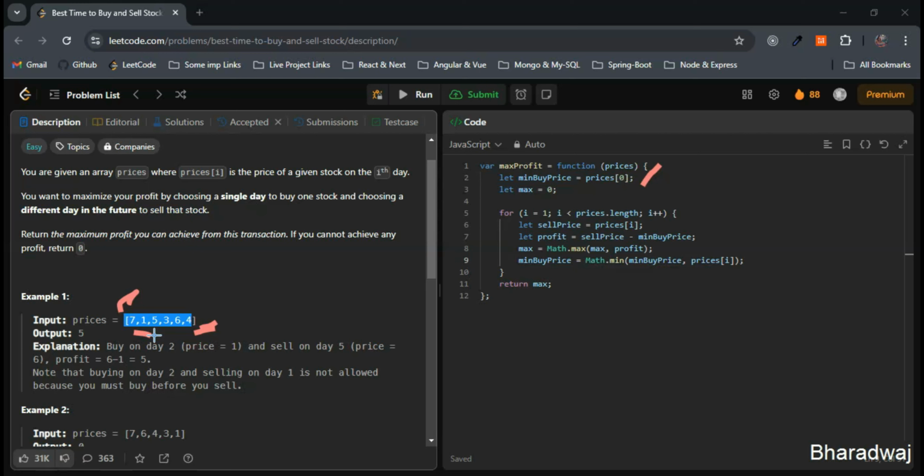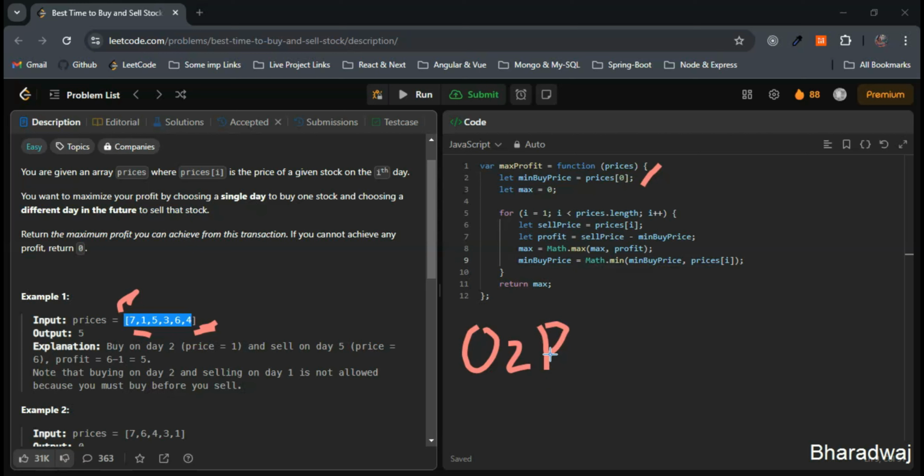We are not getting any profit. The minimum buy price will be min of 7 and 1, which is 1. So for the first case, minimum buy price is 1 and maximum profit is 0.